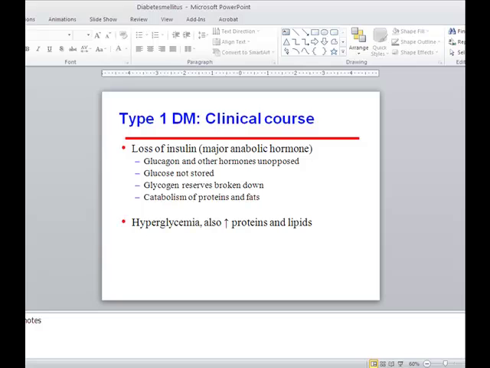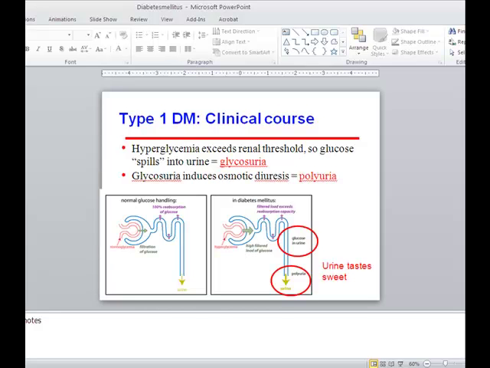And similarly for proteins, normally insulin promotes the movement of proteins into muscles, and in the muscles it promotes protein synthesis, but inhibits protein breakdown. So all those effects are lost. The action of glucagon is unopposed. There's catabolism of proteins and fats, but you get increased proteins in the blood. Okay.